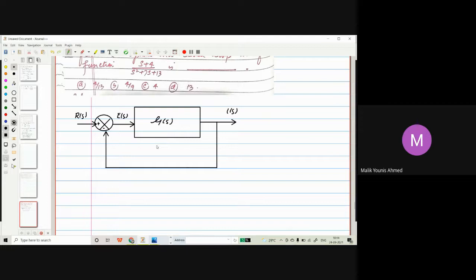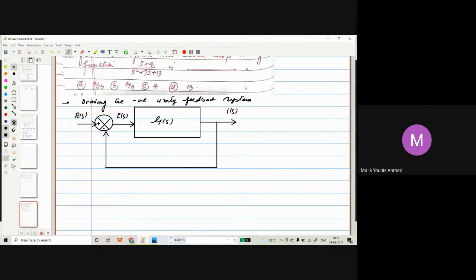So we are drawing now the negative unity feedback system.